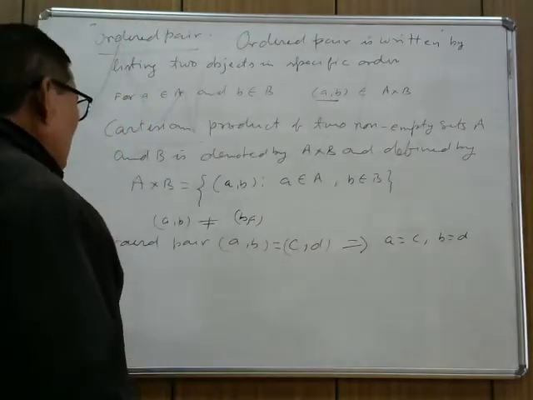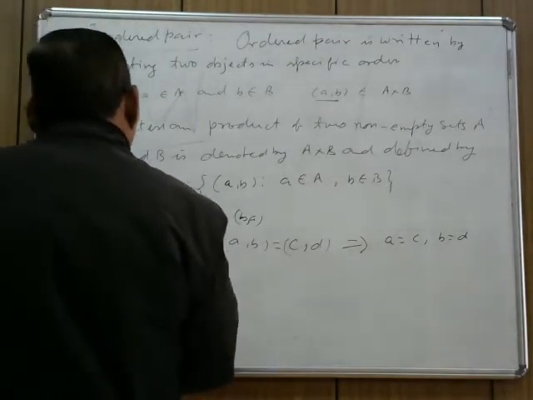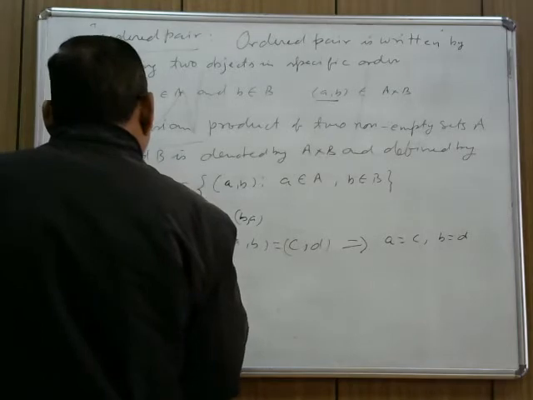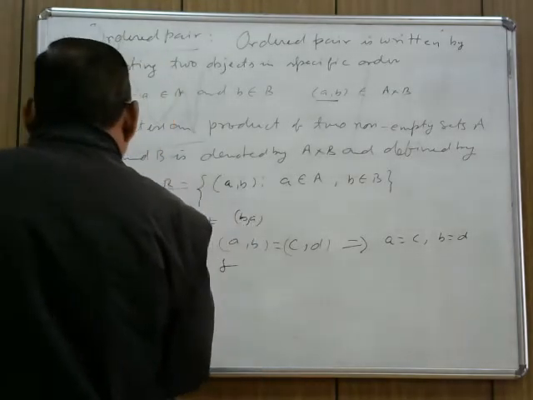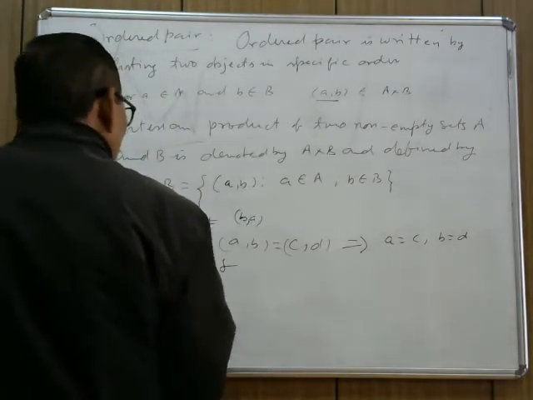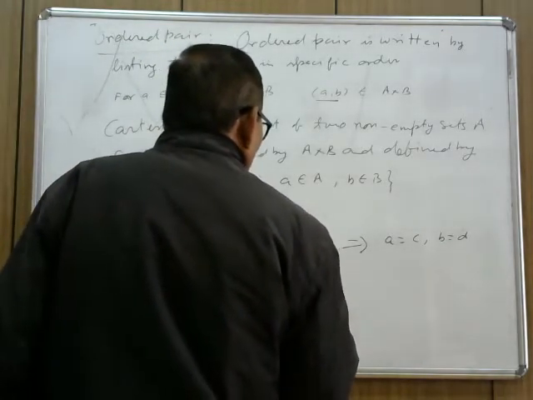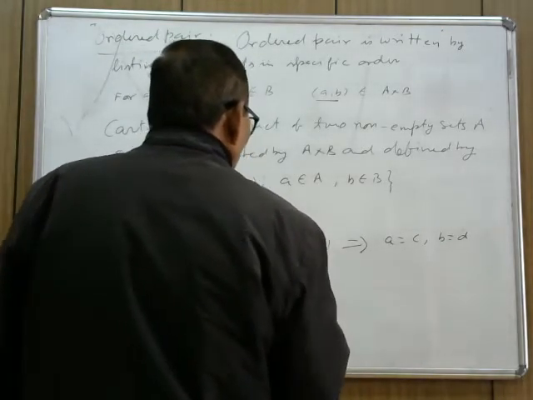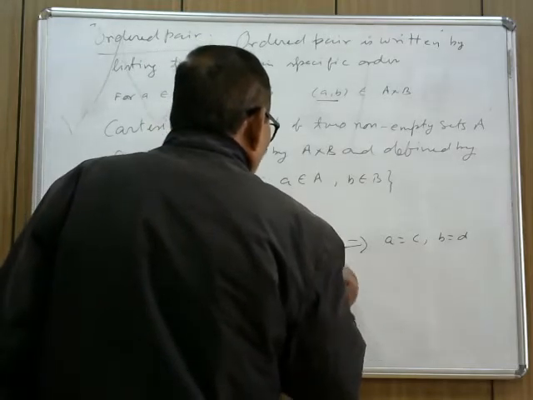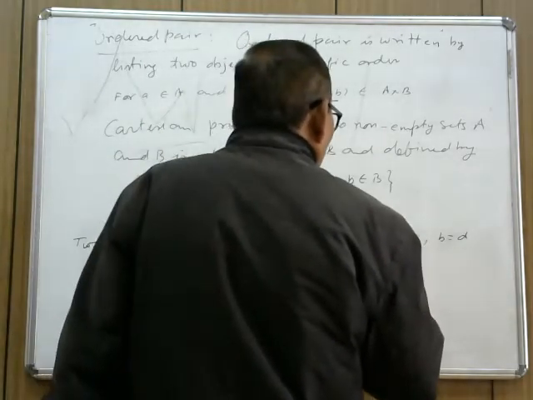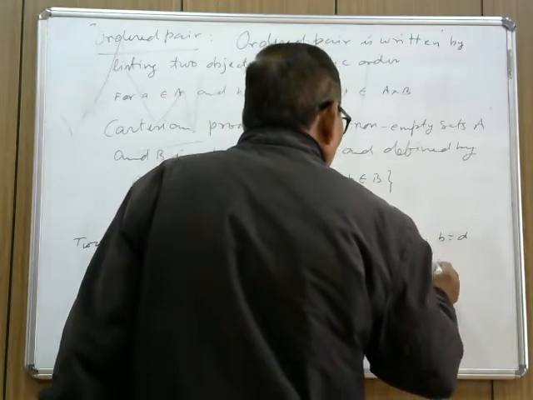Now I am taking one example. You find A cross B for the set A equals {a, b} and B the set {x, y}.